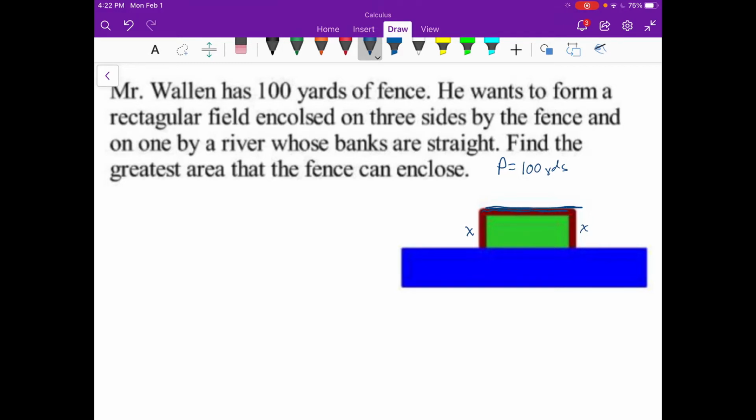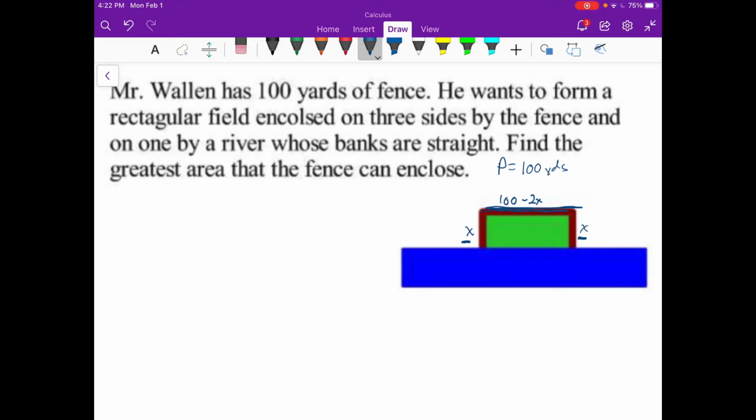Well, we have 100 yards of fence, and we already used up x and then another x. So that length there will be the 100 yards, and we're going to subtract the 2x that was already used up for the other sides of that enclosed area.